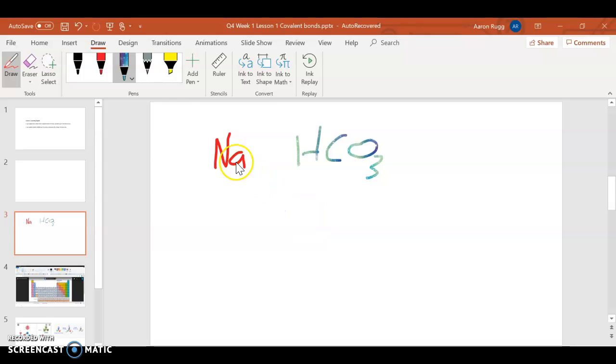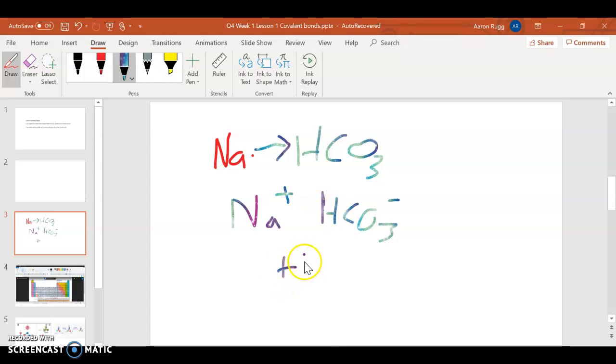So what ends up happening is this electron is going to transfer and it's going to form an ion. So it's still an ionic molecule. Now the charges balance out. The polyatomic ion has the negative charge, so when these two come together, the positively charged sodium ion with the negatively charged polyatomic ion gives me a net charge of 0.